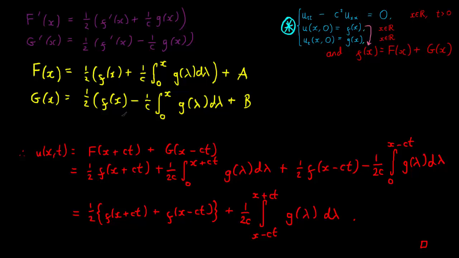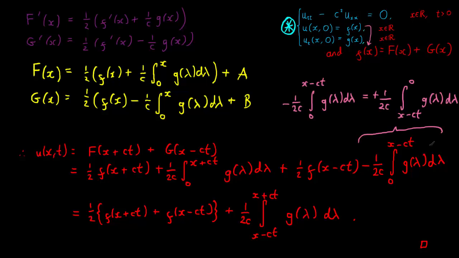So that gives us a half f of x plus ct plus 1 over 2c times the integral from 0 to x plus ct of g. And then here we'll have a half f of x minus ct, that's this term here, minus 1 over 2c times the integral from 0 to x minus ct of g of lambda d lambda, plus a plus b, but we've already said that a plus b is equal to 0.